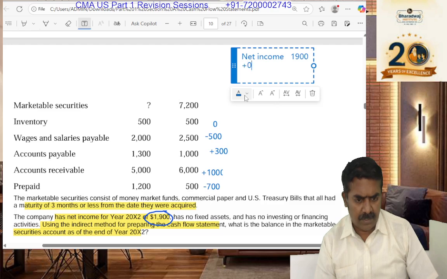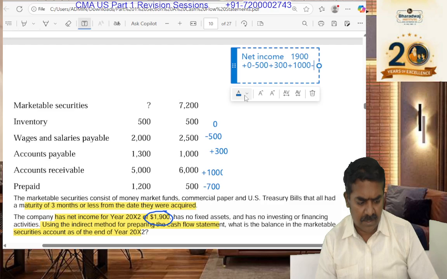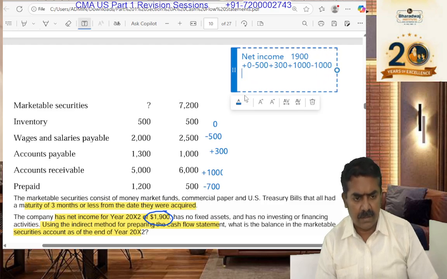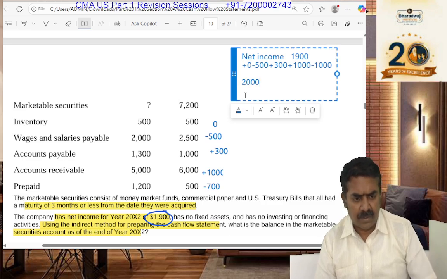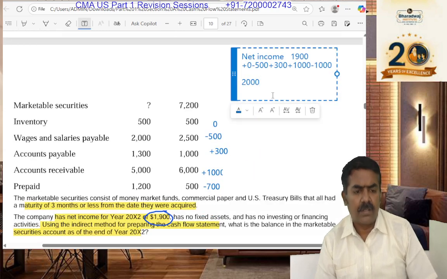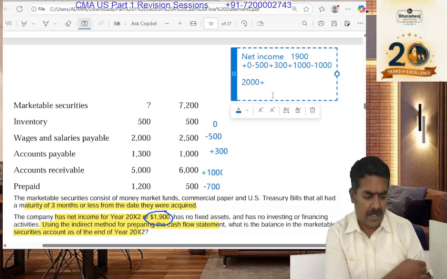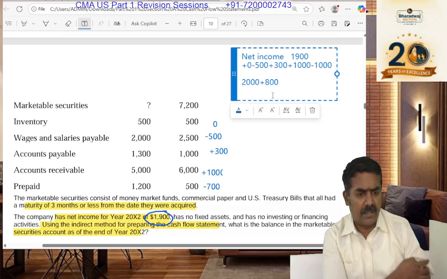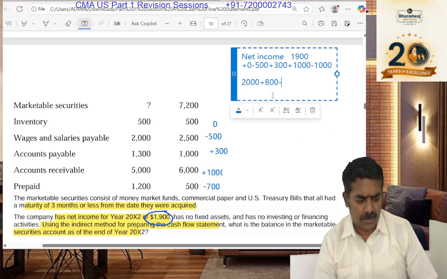Net income plus 0 minus 500 plus 300 plus 1,000 minus 700. 2,000, clear. Okay. What is the opening balance of cash? 800. What is the closing balance? 1,000.